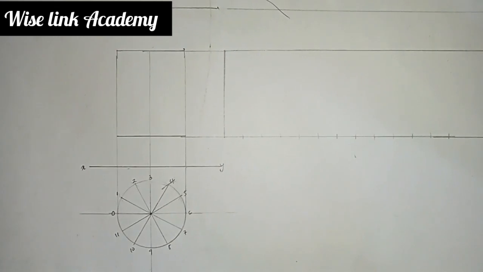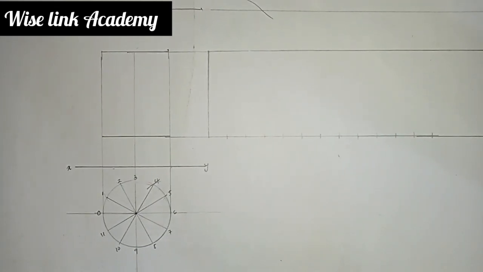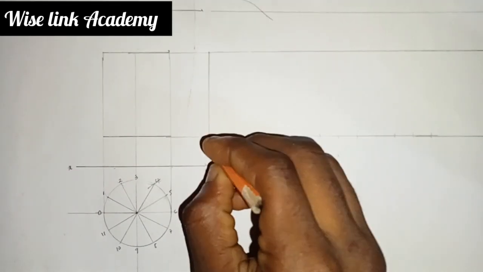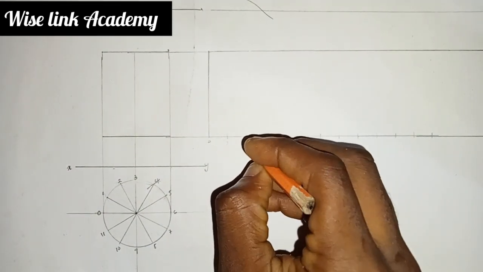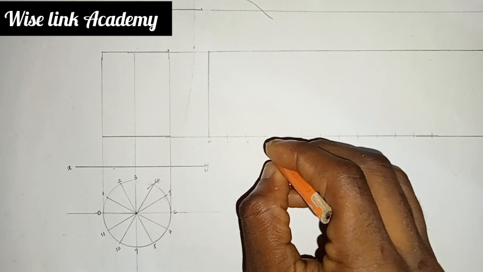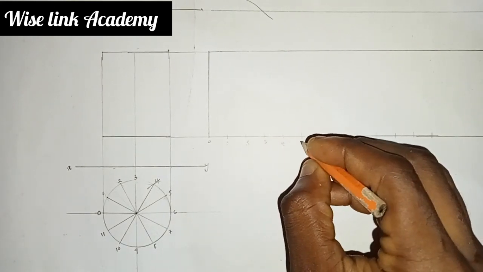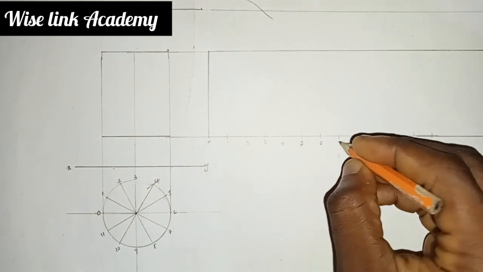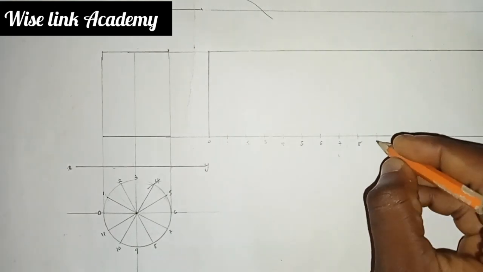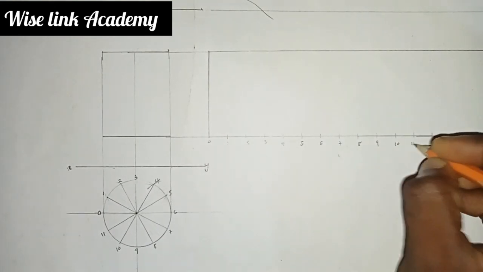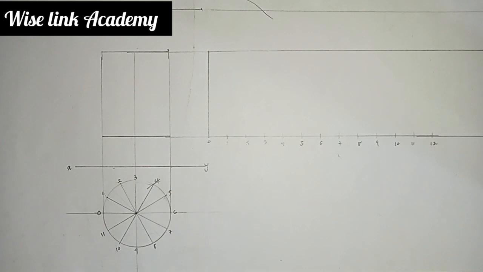As you can see what I am doing. So let's number it. Numbering it, I'll be having here is 0. Here is 1, 2, 3, 4, 5, 6, 7, 8, 9, 10, 11, and our 12.